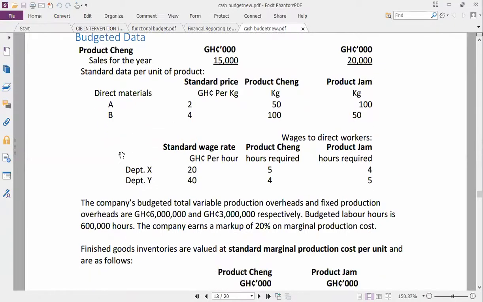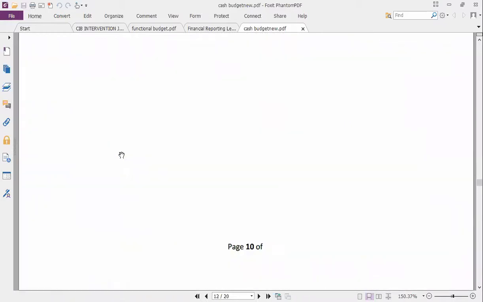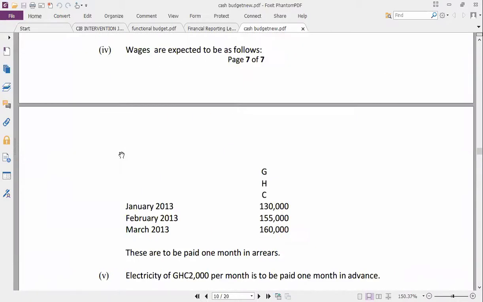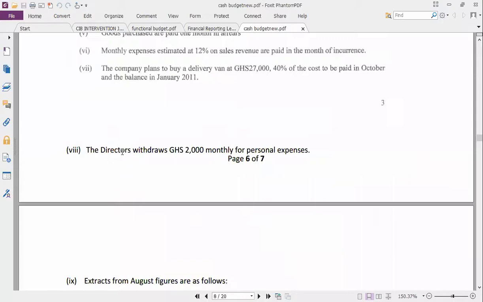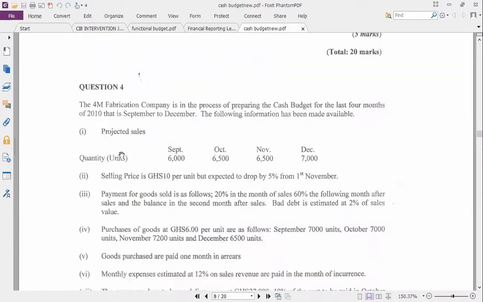For cash budget, I think question 6 or question 7 will do. Where's the cash budget?